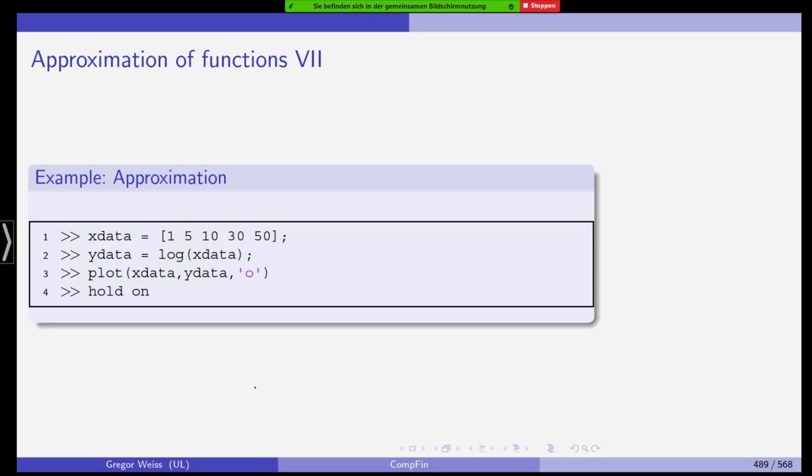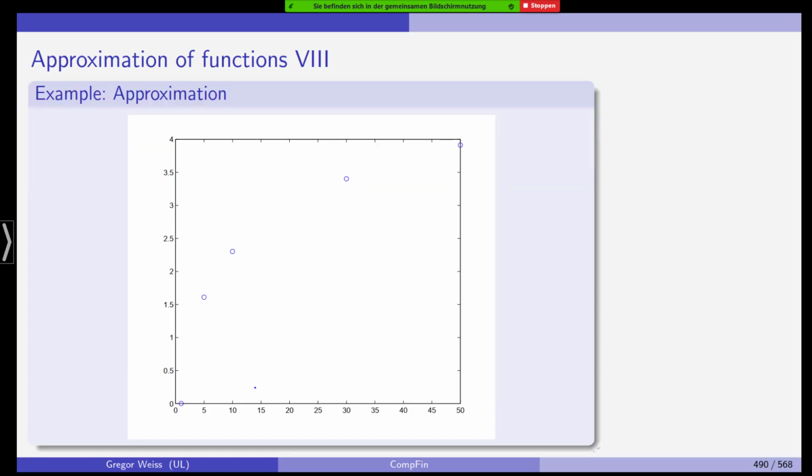The x data is 1, 5, 10, 30, 50. The y data is the logarithm of the x data. So actually the function we want to approximate is the natural logarithm. So we plot this using little circles. So these are the 1, 2, 3, 4, 5 points.